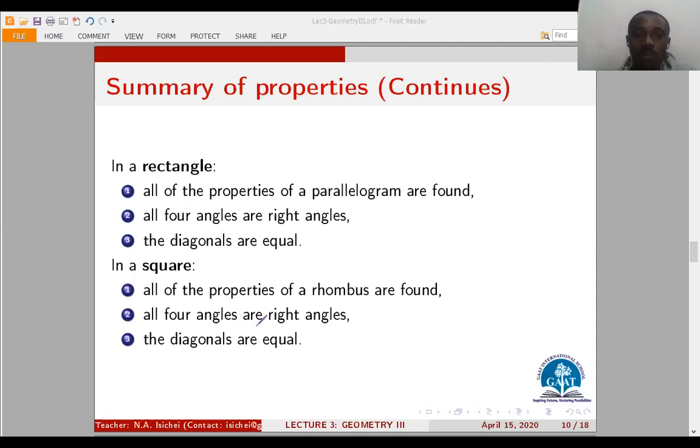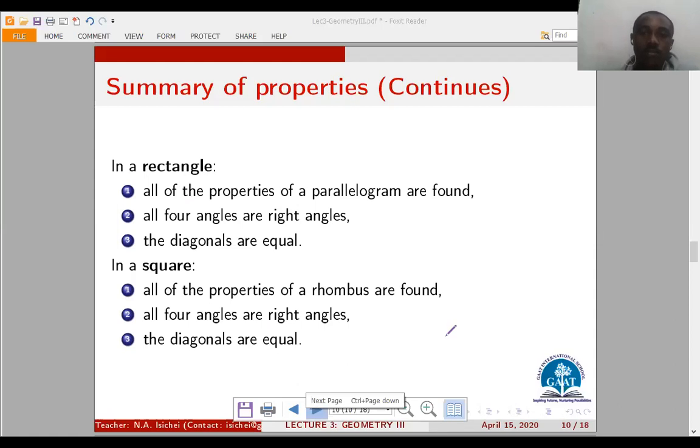So please take note of these properties. They will be needed in solving some problems under geometry that have to do with parallelograms or quadrilaterals. All right, I hope you're following and enjoying the lecture.